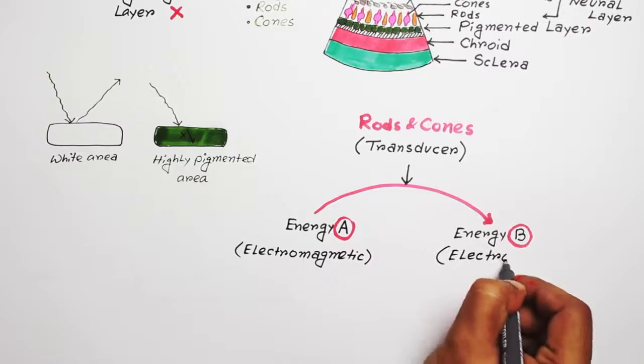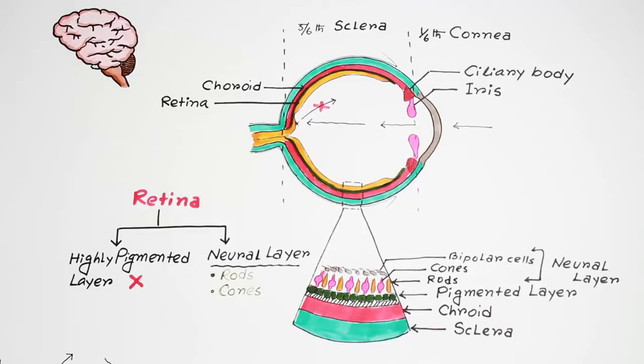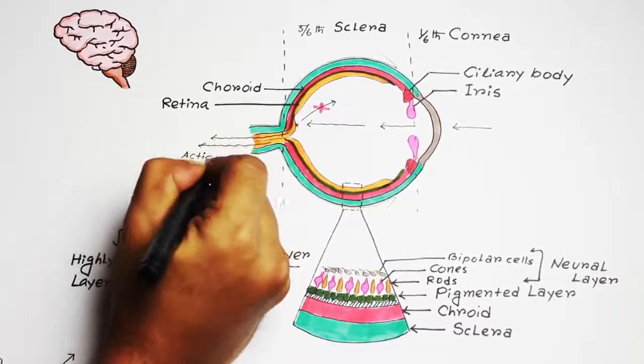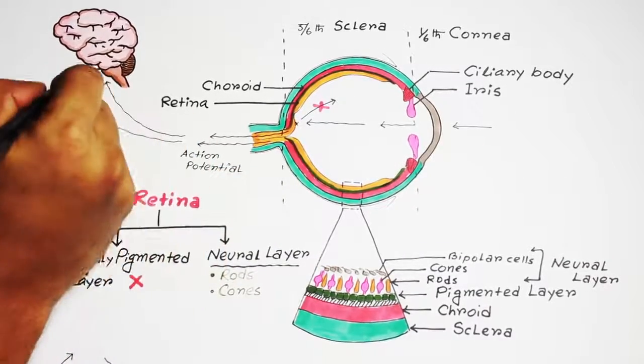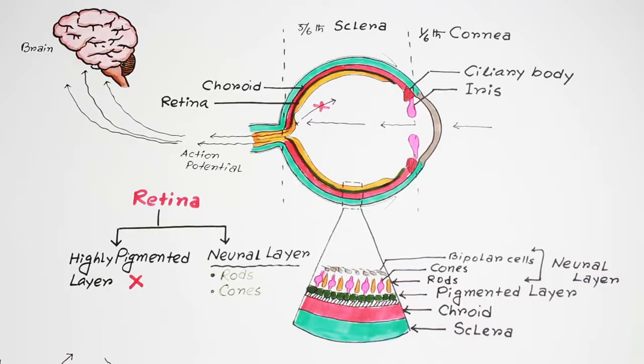When light falls on the rods and cones, they get activated and produce an action potential. This action potential is electrochemical energy. So rods and cones basically convert electromagnetic energy into electrochemical energy. This action potential is then transferred to the central nervous system for processing so that we can see an object.